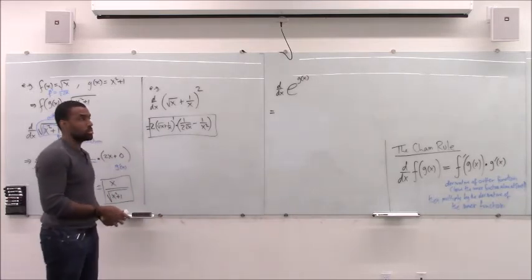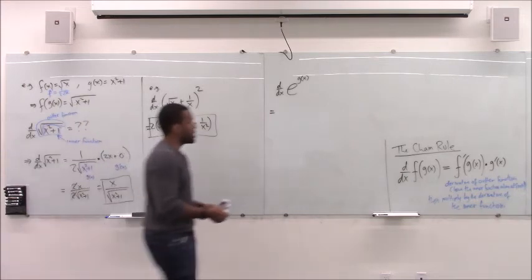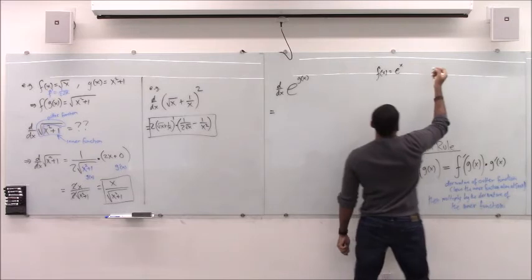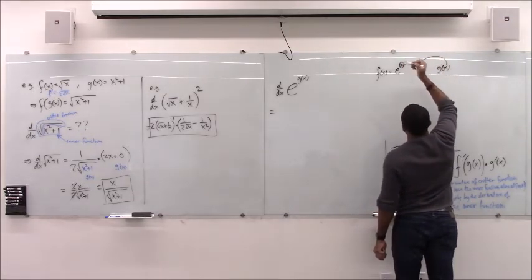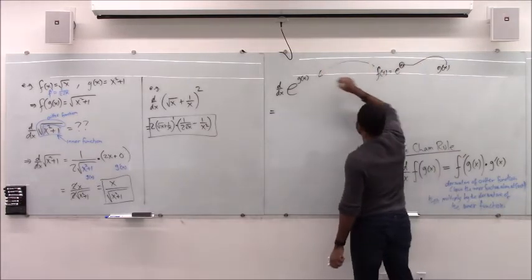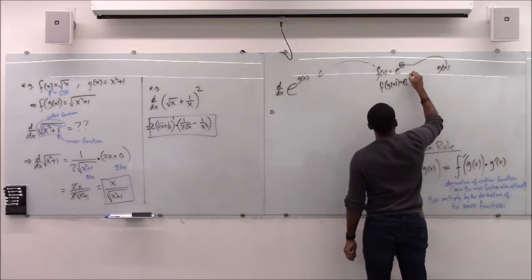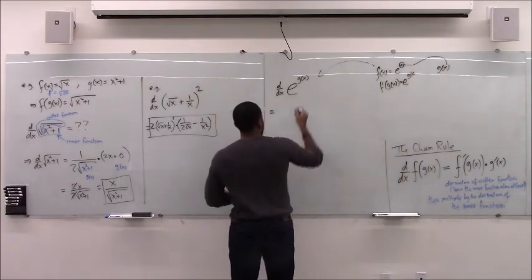Yeah, the g of x is plugged into e. So the outer function is e to the x, right? You can kind of see that if my f of x was e to the x, and I just had this function g of x, and I put it inside of that, I would get this, right? So my f of g of x would be e to the g of x, right? So the g of x is my inside function here.